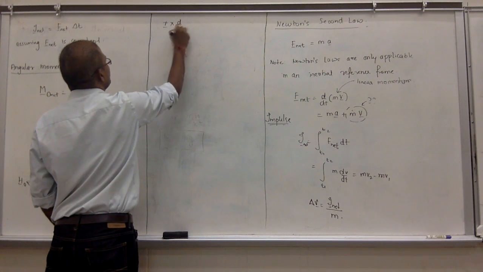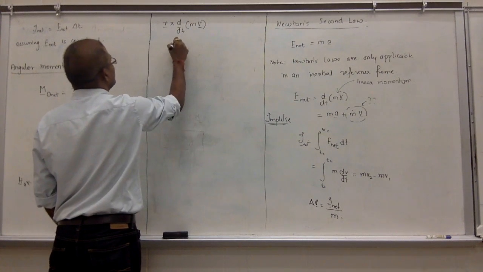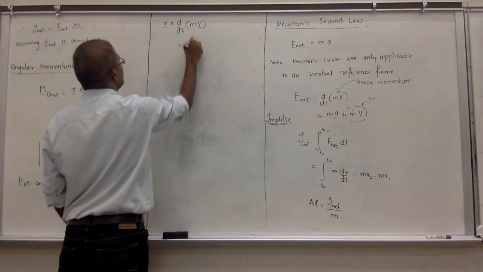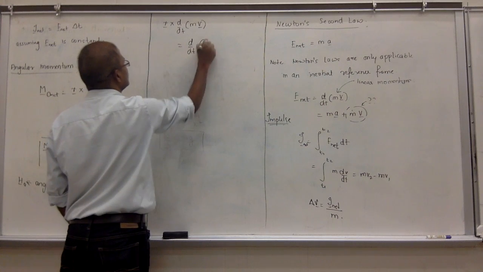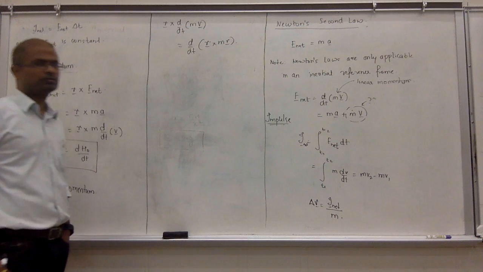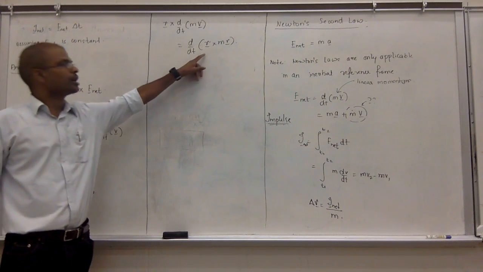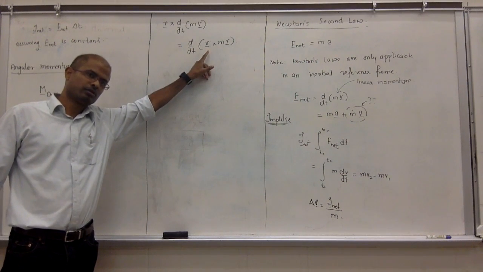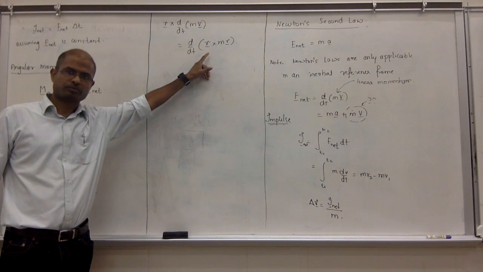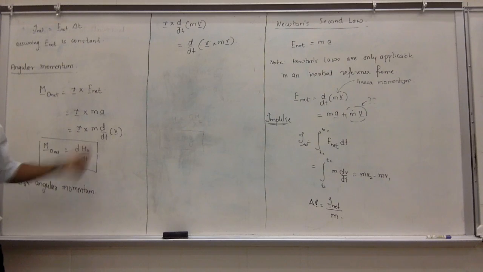R cross d over dt of mV can be written as d over dt of R cross mV. Now here is where your vector knowledge comes into application. What is R cross mV? That is angular momentum. That is how we define angular momentum.